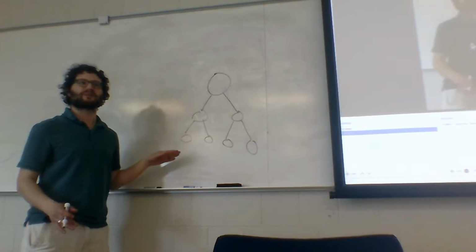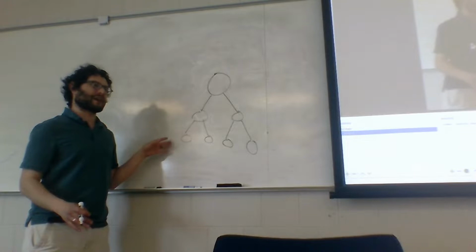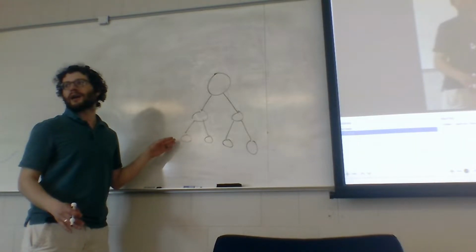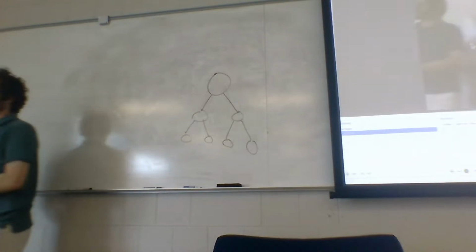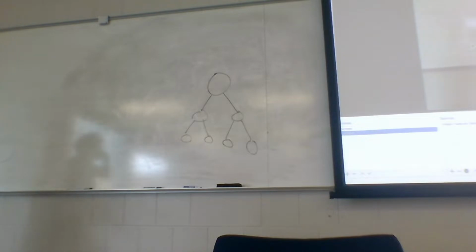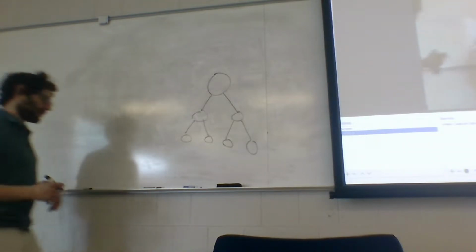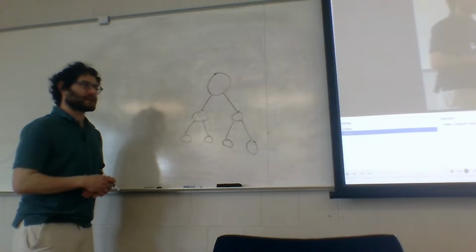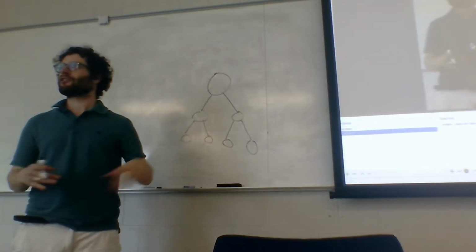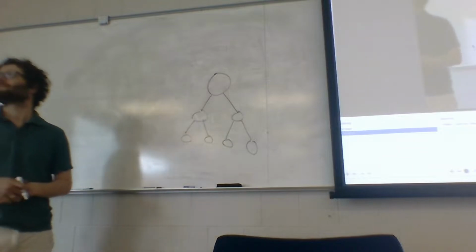This has a height of 3. It has 2 to the h minus 1, so 2 to the third minus 1 nodes in it. It's got 7 nodes in it. That's what perfect means. It's all of a certain height, and it's got this many nodes. Basically, we're saying for a tree of height h that all the spots that are possible are filled up.